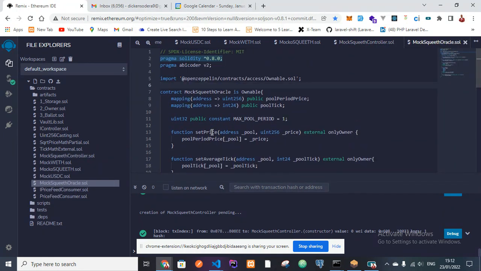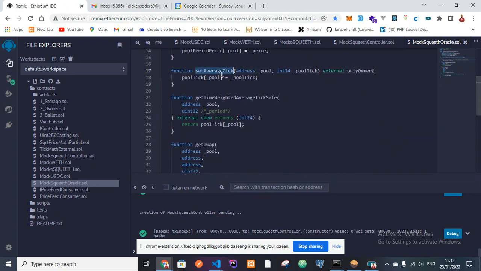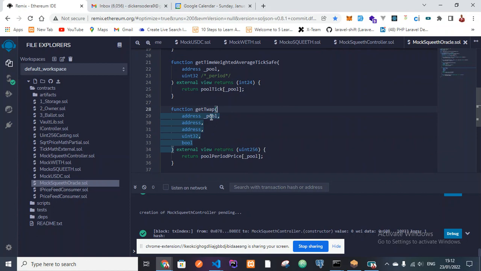We set the price pool and specify the price pool. So with this get TWAP, this is what will be able to fetch the period, the pool price from our implementation here.